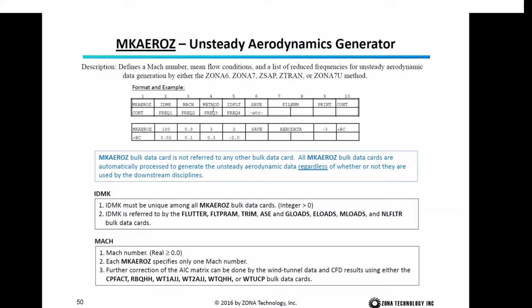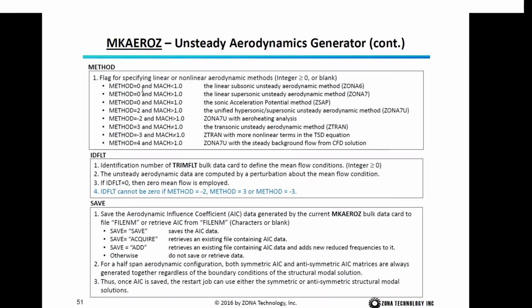If the method is 0, then for subsonic, supersonic and sonic they use ZONA6, ZONA7, and ZSAT. If the method equals 2 and the Mach number is greater than 1, you use ZONA7U, the hypersonic aerodynamic method. Then if you have method equal to 3 and Mach number not equal to 1, you use the ZTRAN method.